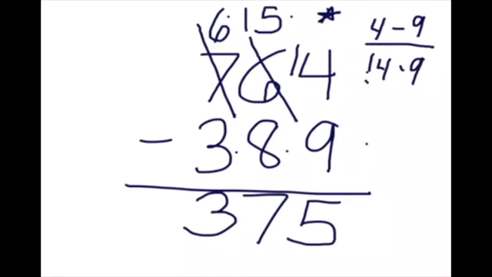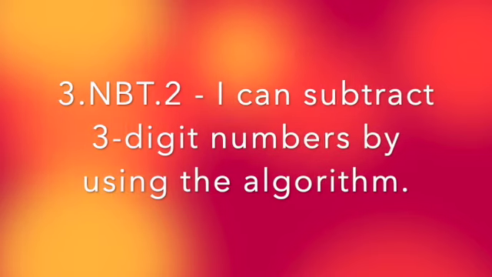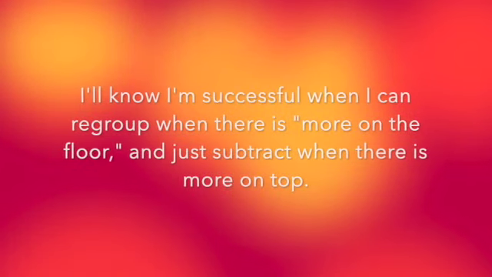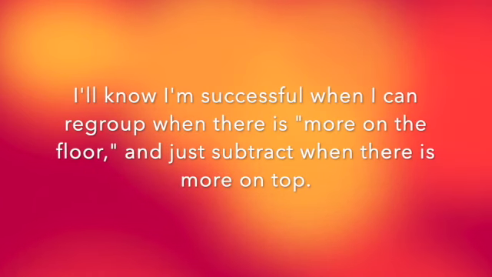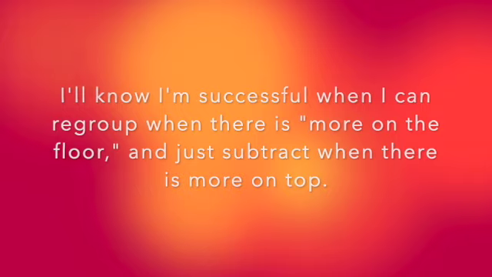So please make sure big number first, small number last, and no, you cannot switch it around. Please do not do 9 minus 4, because that wasn't our problem. 4 was first, so it needs to stay first. Remember, your goal today is: I can subtract three-digit numbers by using the algorithm, and I'll know I'm successful when I can regroup when there is more on the floor and just subtract when there is more on top.